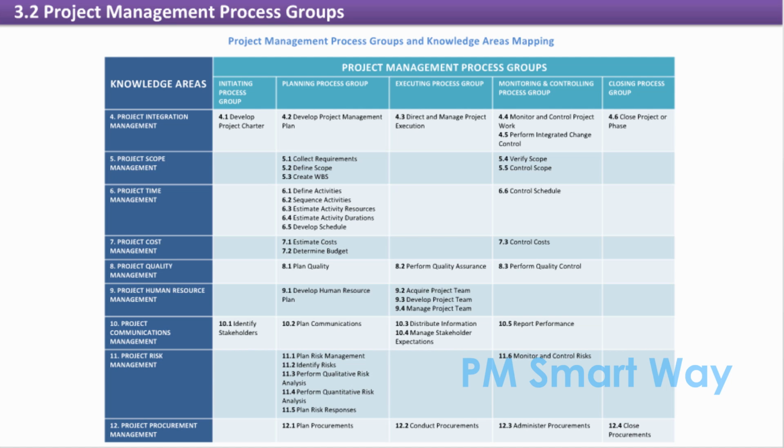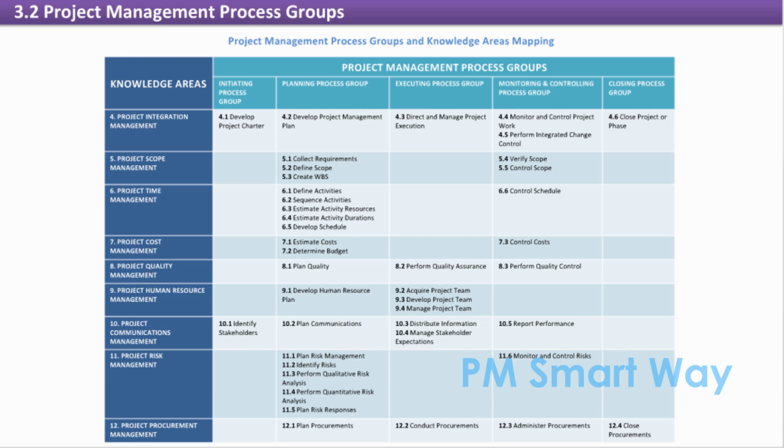Integration processes are about the overall project picture and making sure the project and project management activities are coordinated for the overall good of the project. Integration management is the only knowledge area that includes processes from each of the 5 process groups: initiating, planning, executing, monitoring and controlling, and closing.